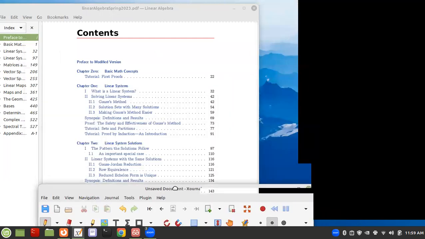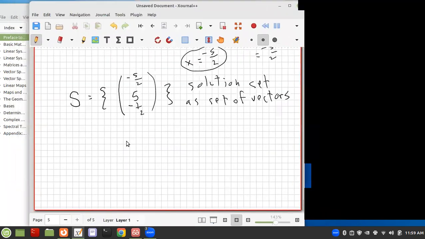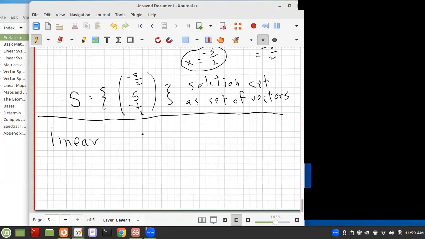Let me see. Let's look at one thing. There's a geometric connection here about the word linear. If I have x plus y equals 2, that's a linear system.